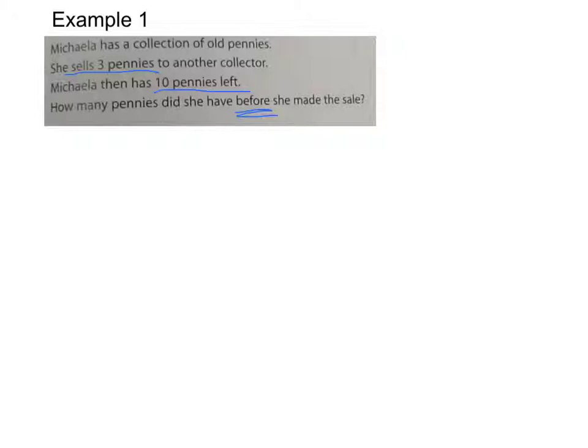So I'm going to now use this word problem and the information that I've underlined to come up with an algebraic equation. My first step in creating the equation, I'm looking for the information that's going to represent the variable, the information representing the constant term, the thing that's staying the same, and also what the equation equals. Michaela then has 10 pennies left. To me, that represents what it equals, how many she has left.